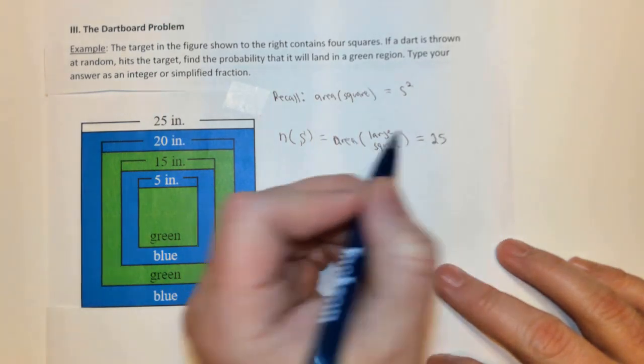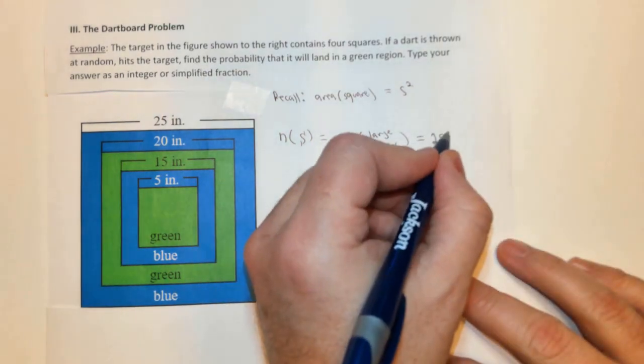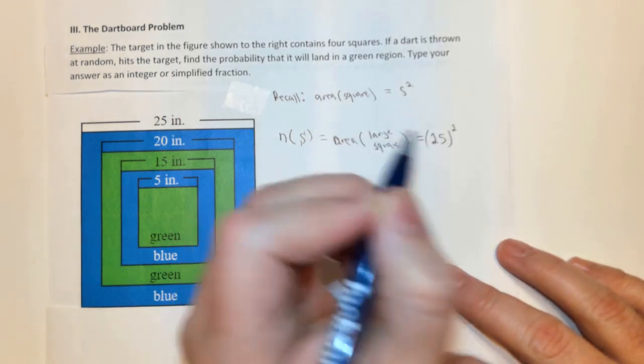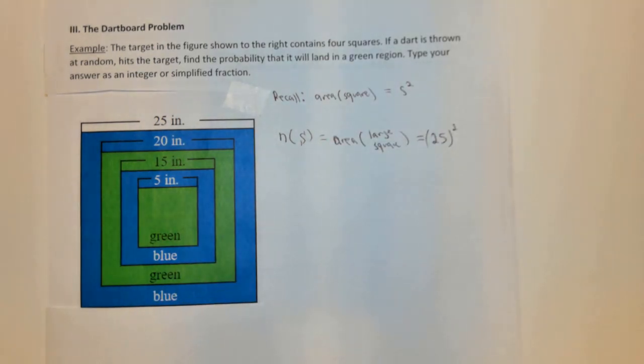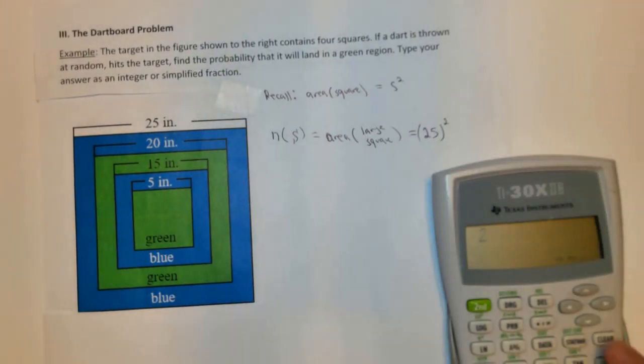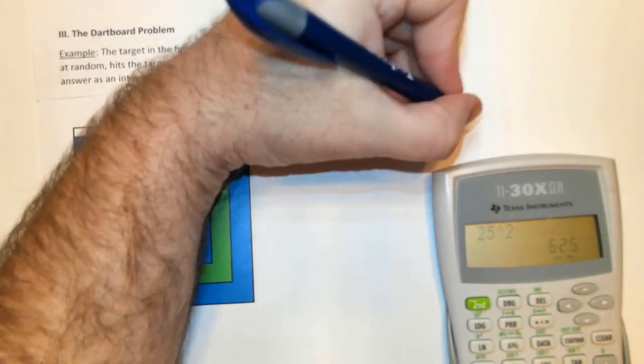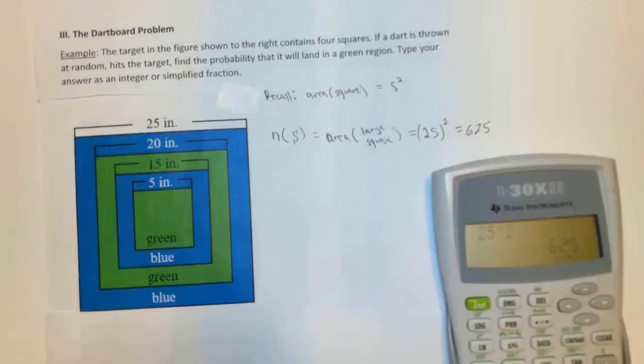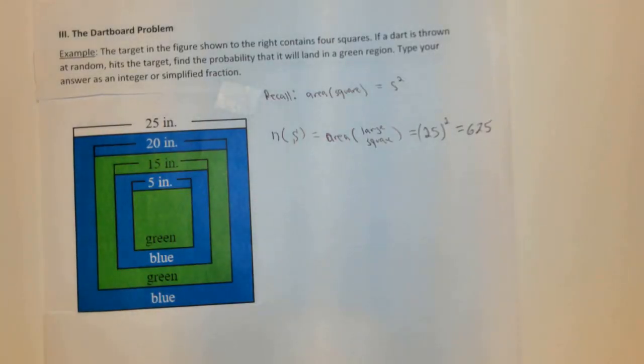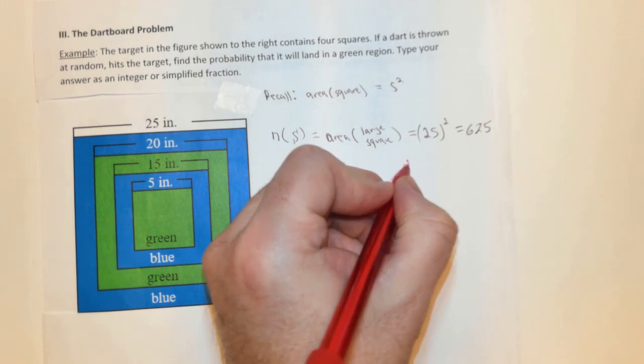I probably should, but then we get into units and dealing with square inches, so I'm just going to keep it simple. Do 25. You can do 25 times 25, or you could do 25 squared. There's also a caret button here if you want to do it that way. So 625. That's going to be our denominator.